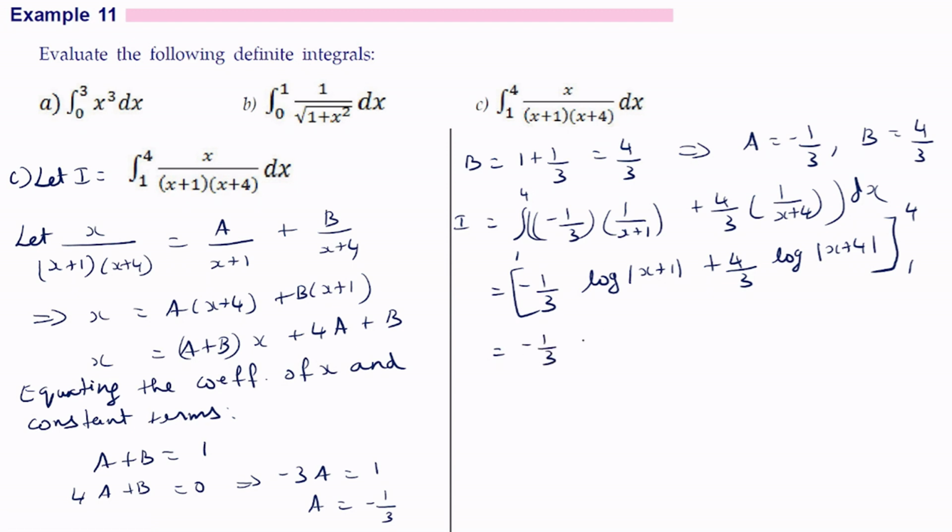So it is minus 1 by 3 log of 4 plus 1 is 5, plus 4 by 3 log of 4 plus 4 is 8. Then minus, minus 1 by 3 log 1 plus 1 is log 2, plus 4 by 3 log 4 plus 1 is log 5.